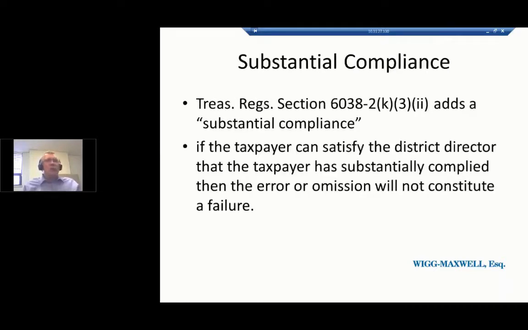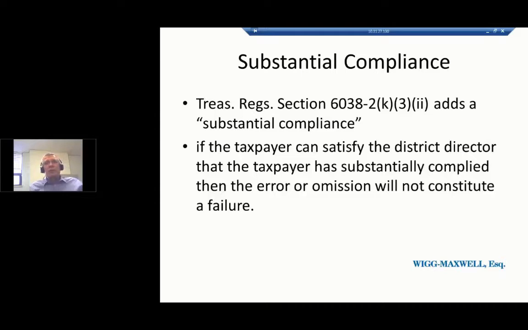There is one additional thing about reasonable cause in the 5471 situation, because the penalty is imposed not just on the failure to file the return, but also on failure to file a complete return.